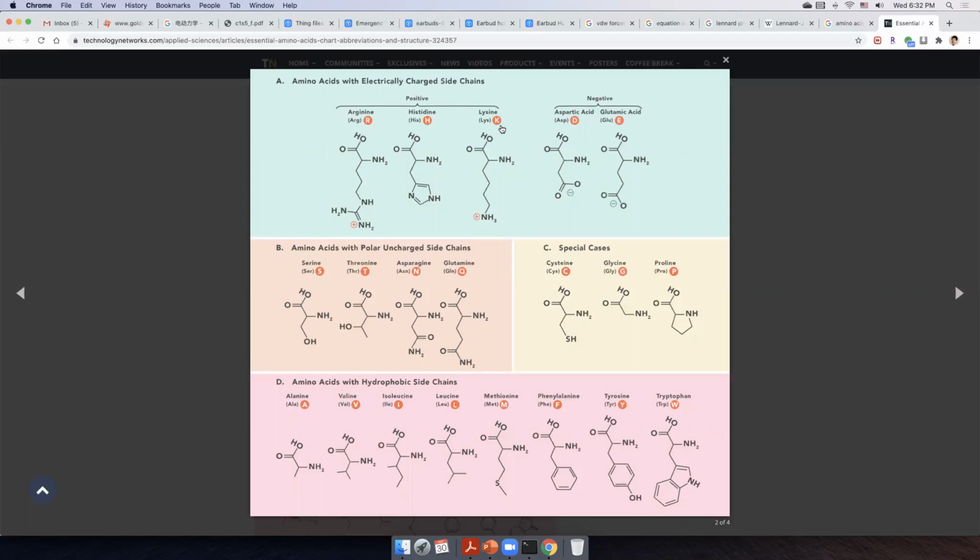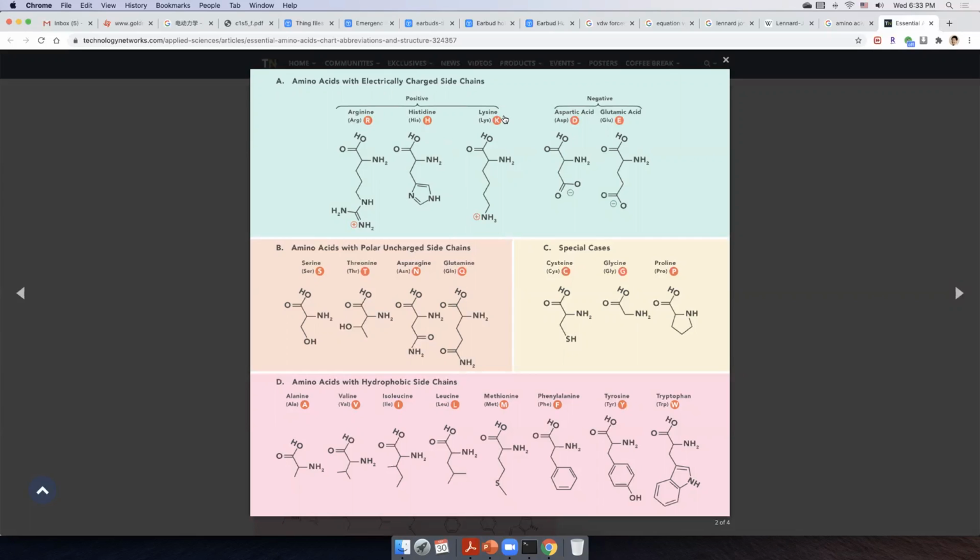For these 3 amino acids, they carry one positive charge here, here. For histidine, it's more complicated. Over 50% of the chance it's positive. It depends on the environment. In most of the case, it's positive, but not in all the case.